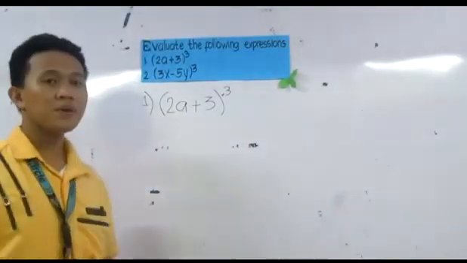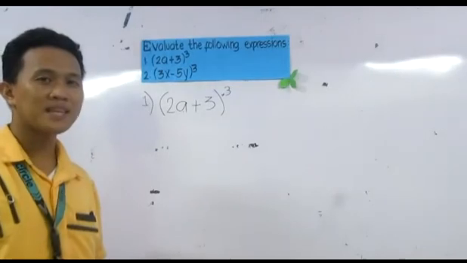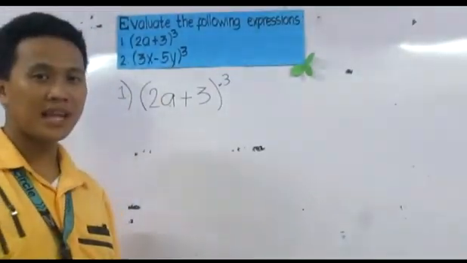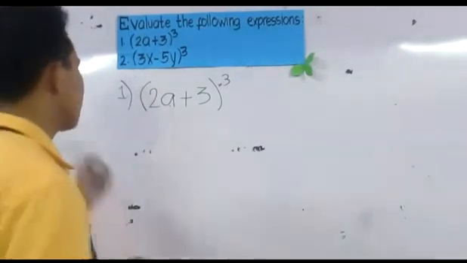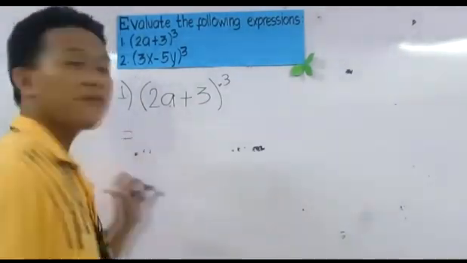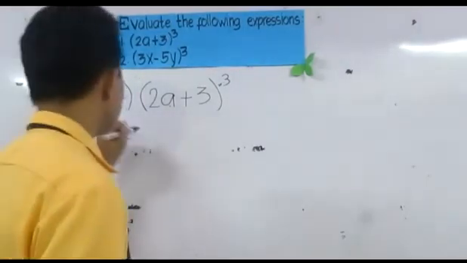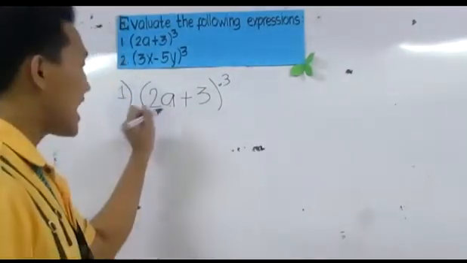In our given number 1, quantity 2a plus 3, quantity cubed. Now let's try to situate and evaluate this expression. First thing to do is cube the first term, and our first term here is 2a.